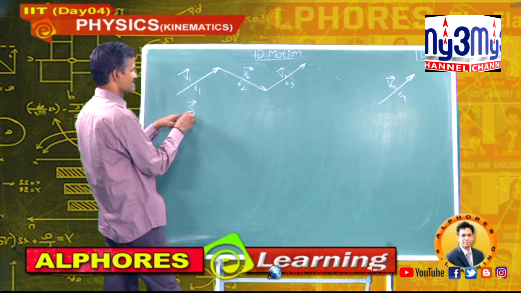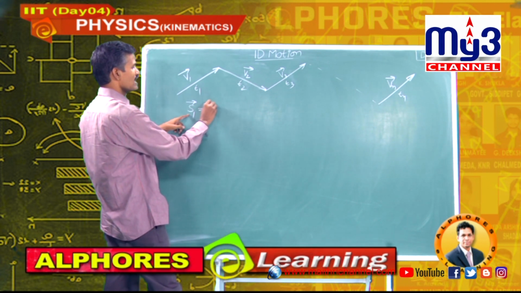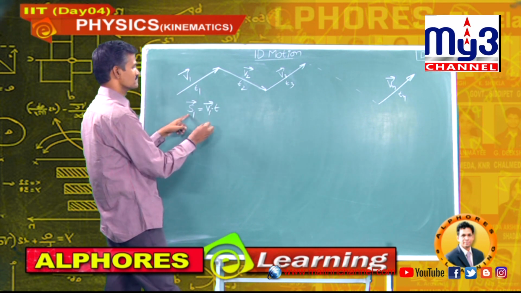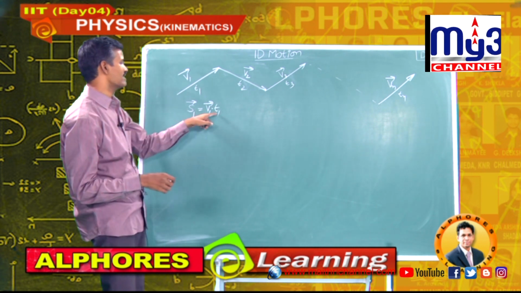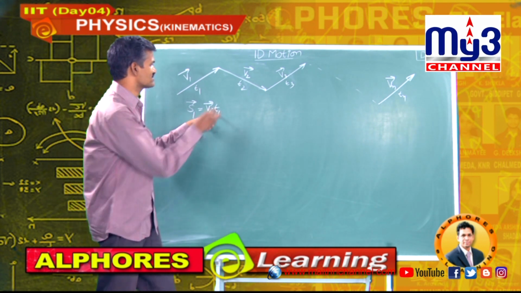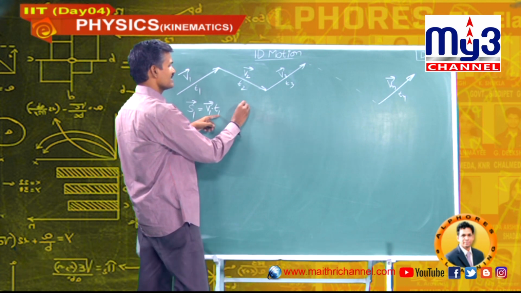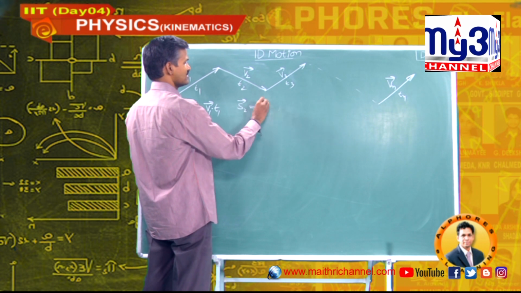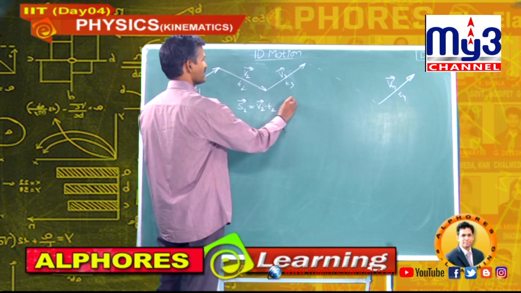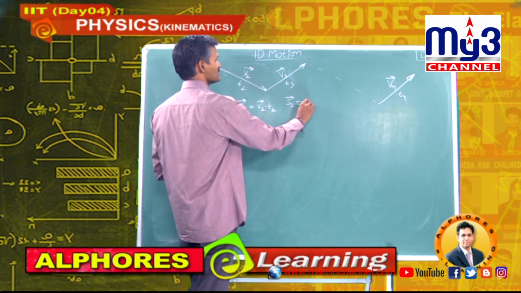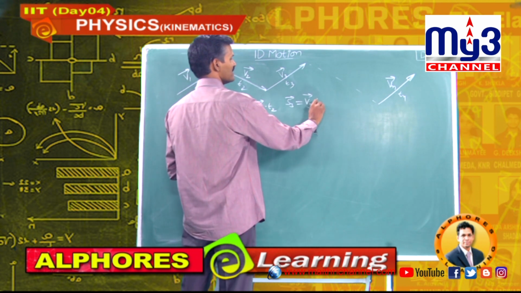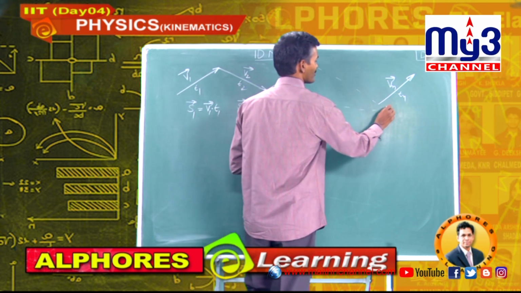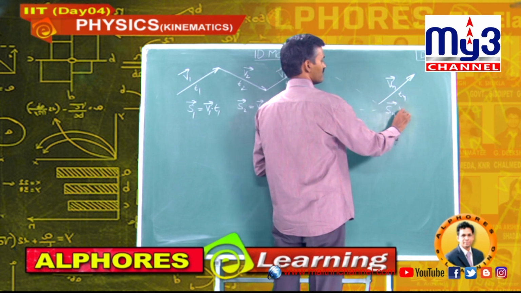We also know that S1 bar is V1 bar into T1. Displacement is velocity into time. Similarly, S2 bar is V2 bar into T2. S3 bar is V3 bar into T3 and so on. Sn bar is Vn bar into Tn.